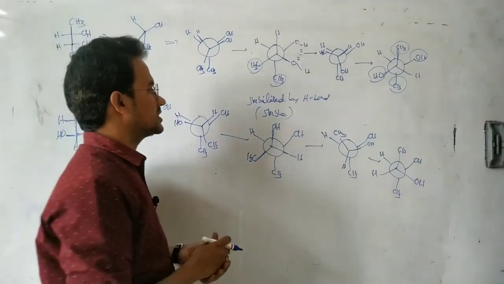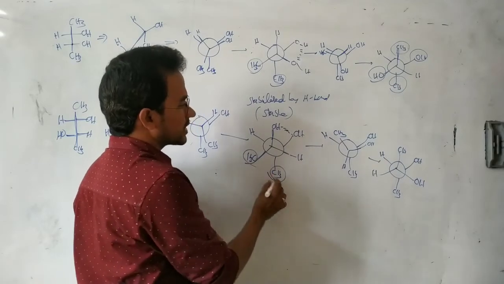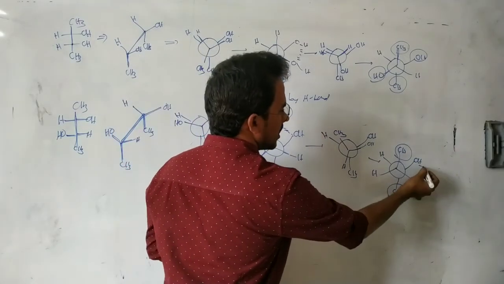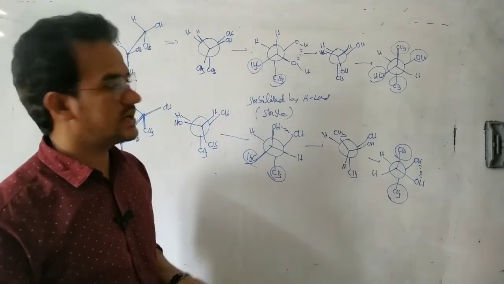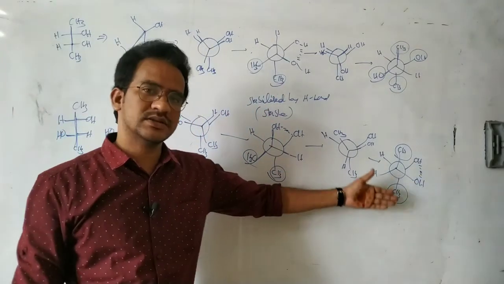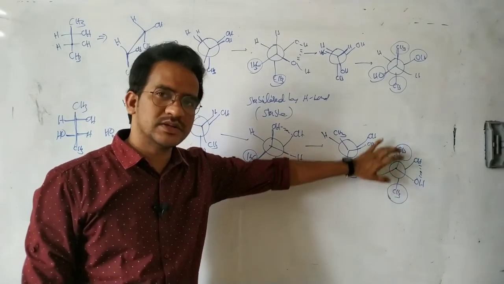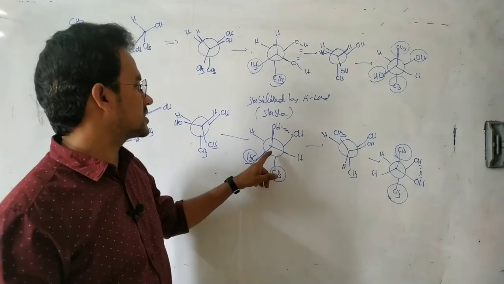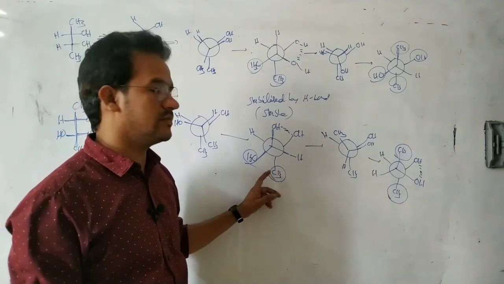In this case there is hydrogen bonding, but the two methyls are adjacent. In the other case, the methyls are opposite, anti to each other, and that is also stabilized by hydrogen bonding. Here methyls are adjacent, so there is repulsion between methyl and methyl.